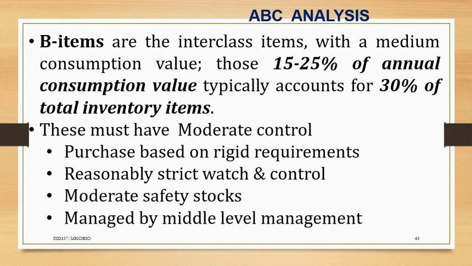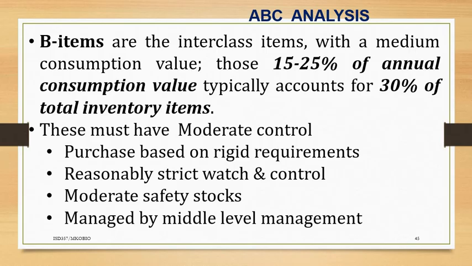Then we move on to B items. B items are the intermediate class items with medium consumption value, that is 15 to 25% of annual consumption value, and they typically account for 30% of total inventory items.